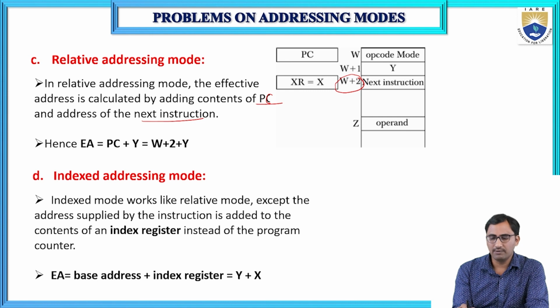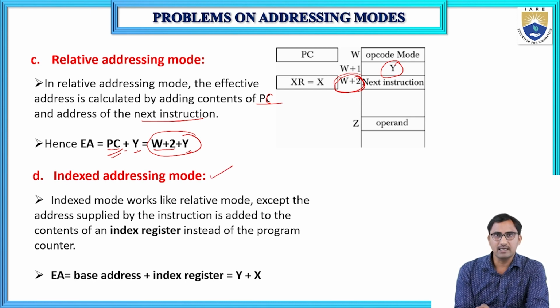So the effective address is the program counter plus Y, because Y is mentioned in the address part of the instruction. The program counter value is W plus 2, because W plus 2 is the address of the next instruction. So W plus 2 plus Y is the effective address of the operand in relative addressing mode.